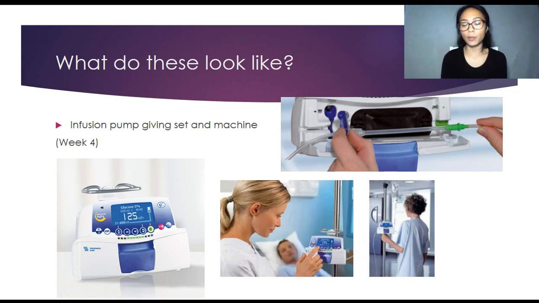The positive thing, the pros about using an IV infusion machine, like the Volumat Agila machines that we have at Union and in a lot of the hospitals where I work, and also at Westmead Hospital, they use these giving set machines in acute care settings on the wards. The good thing about using these is that it has a sensor, that if there is air in the giving set, it will detect that and it won't allow the infusion to continue.